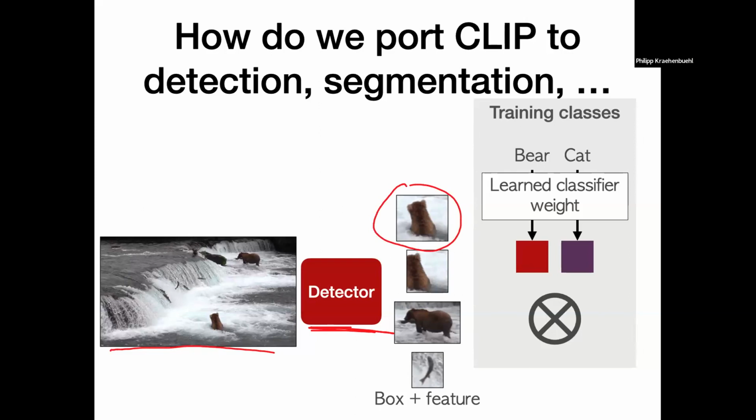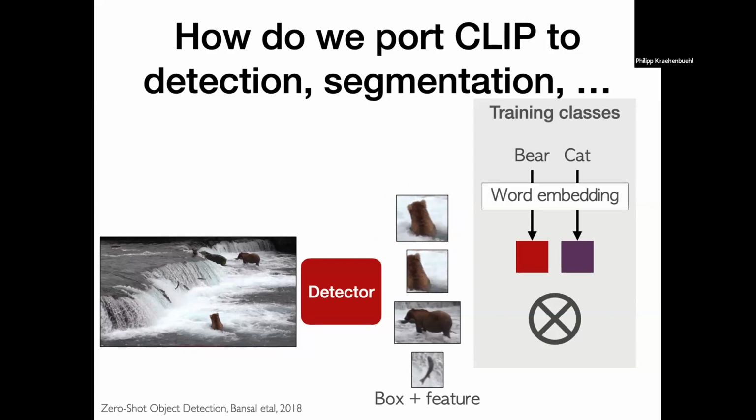Now, if you think of upgrading this to use a language model, the thing you do is you simply replace the categories up there with embeddings of the words that describe your categories. So it's a very simple change.